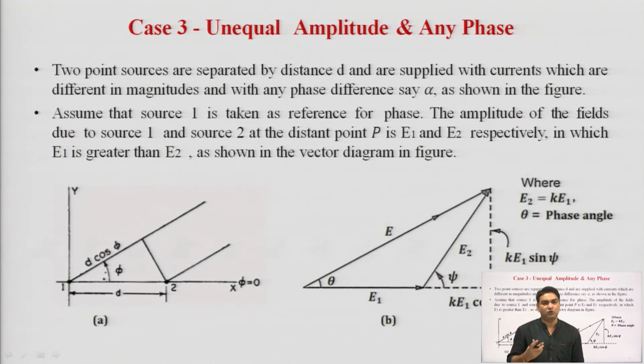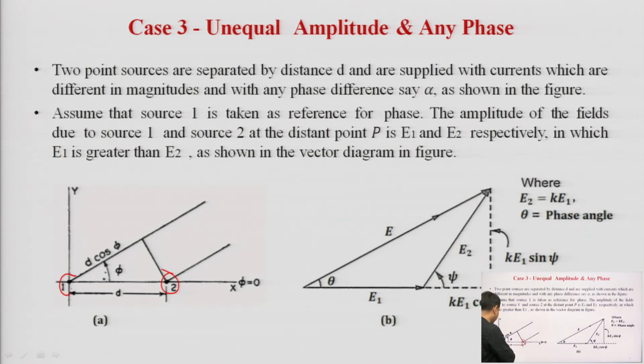If the 2 point sources are placed in a coordinate system, suppose in this diagram we have point source number 1 and point source number 2.